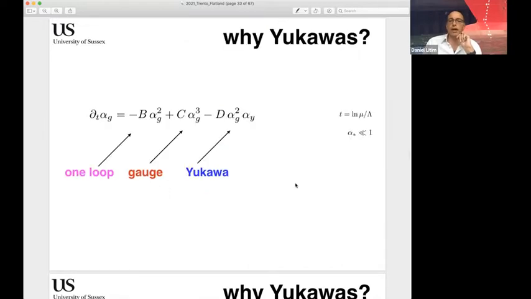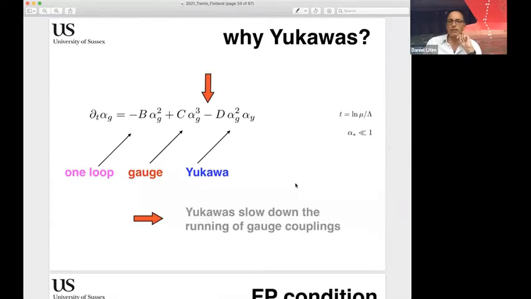So let's see why. Let's write down the very same thing, but now including Yukawas. And the new thing which happens with Yukawas in any 4D quantum field theory is that their leading contribution comes with a negative sign. This is absolutely hardwired. Now, this negative sign is crucial because the negative sign makes sure that the growth of gauge couplings is slowed down.